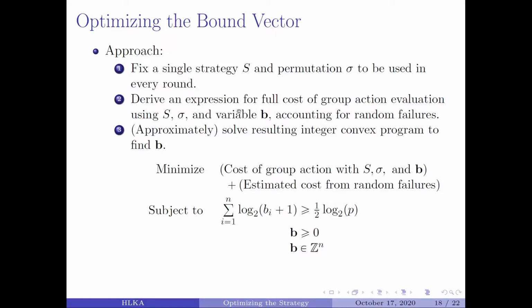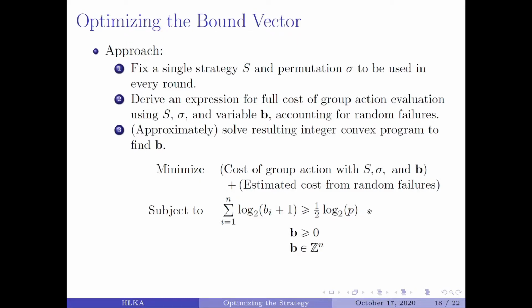So we fixed these. We derived a cost for the full group action evaluation using this S and sigma and a variable b, accounting for these random failures that can occur when constructing isogenies. What we get is another program. We're minimizing the cost of the action, accounting for the cost of these failures.